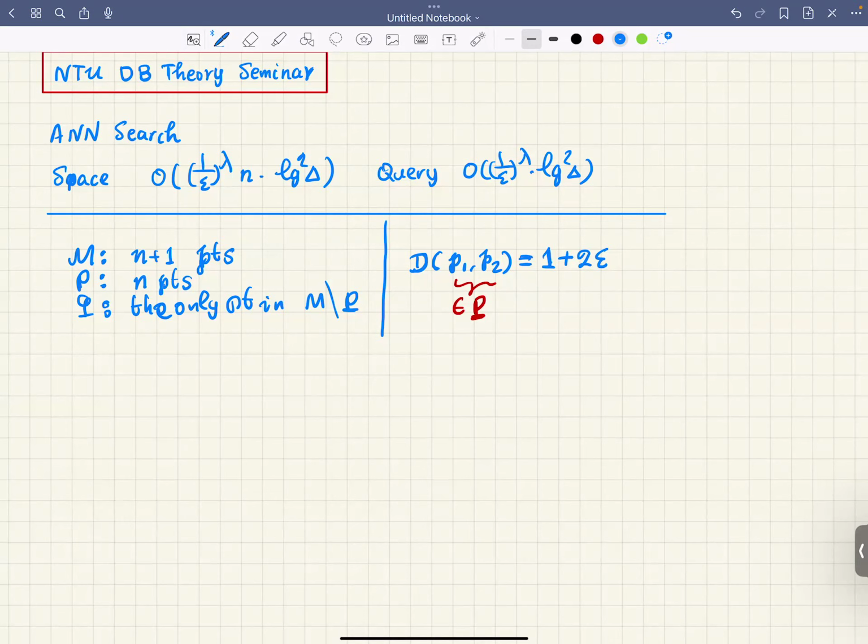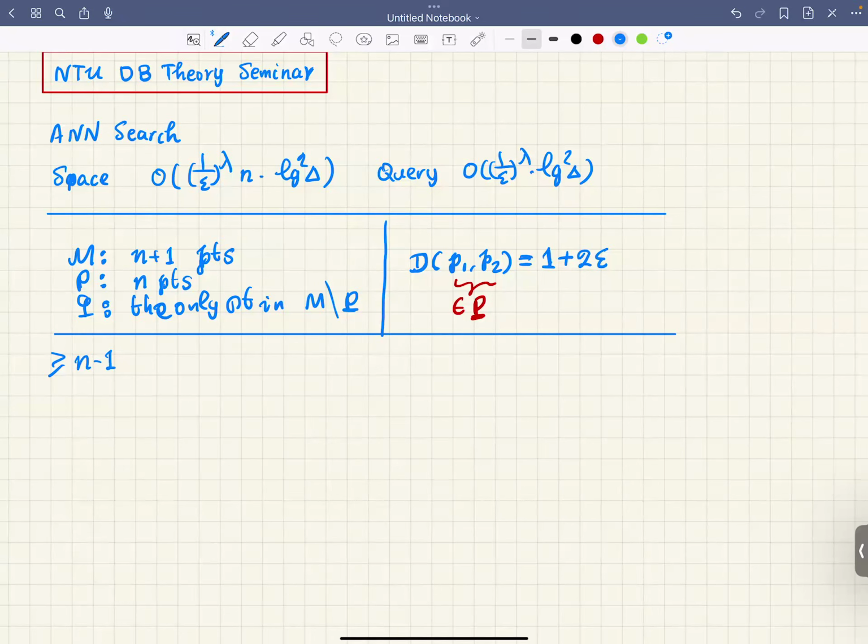Good. Now I'm your enemy, so I call myself an adversary. I want you to look bad. I'm going to claim that no matter what your data structure is, and no matter how you plan to use it to handle my query, I always have a way to force you to calculate at least n-1 distances.